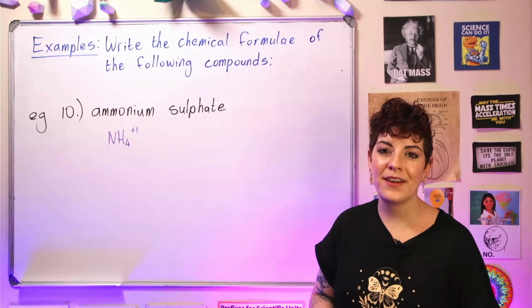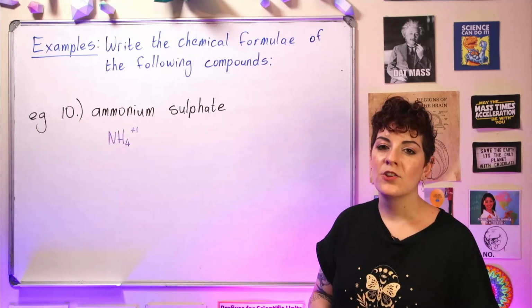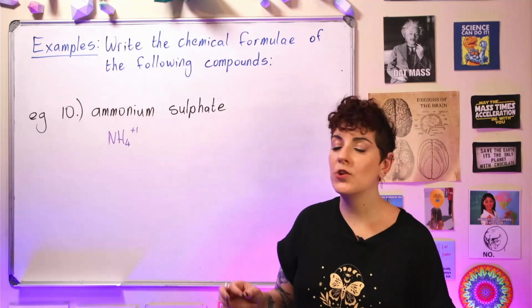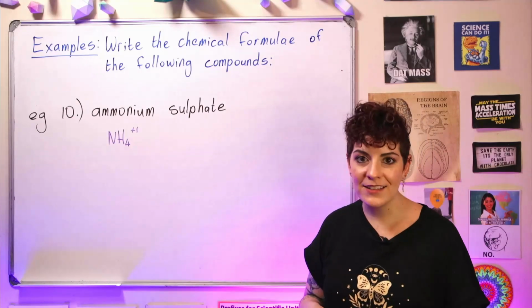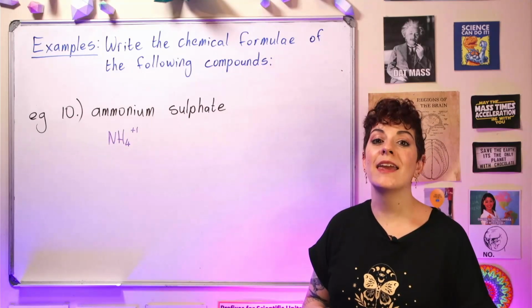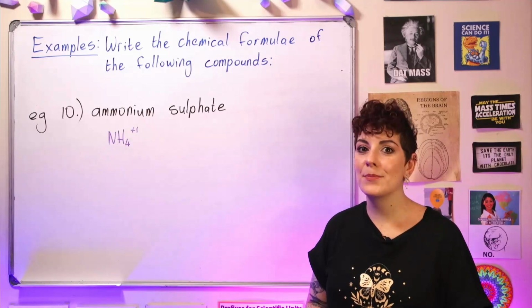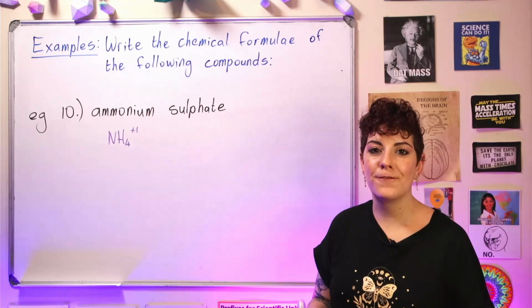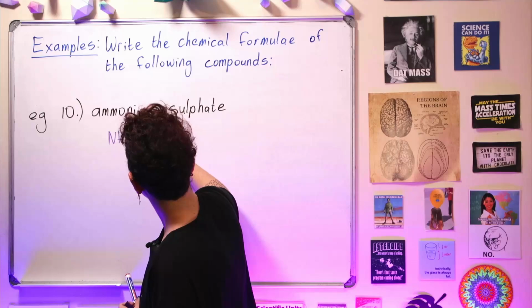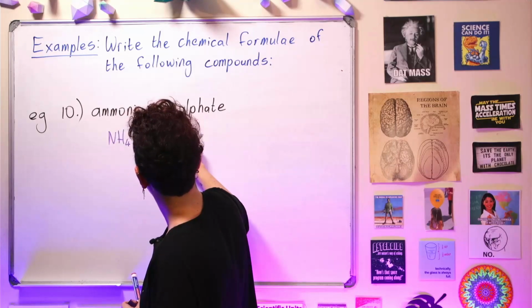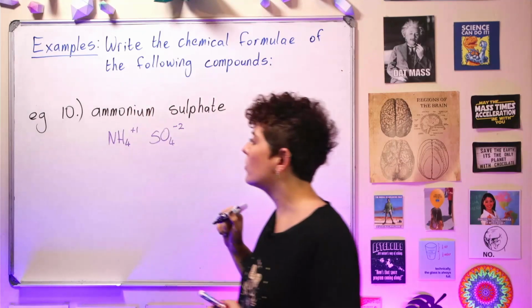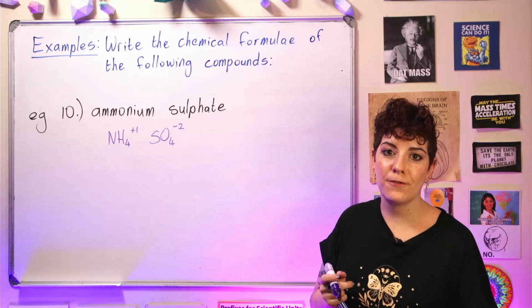That is the same thing, and that is also correct. So learners need to know that when you see the word sulfate, that is referring to a polyatomic ion that comes up a lot, and you need to know its formula. It is SO4 minus 2, or 2 minus if you prefer.